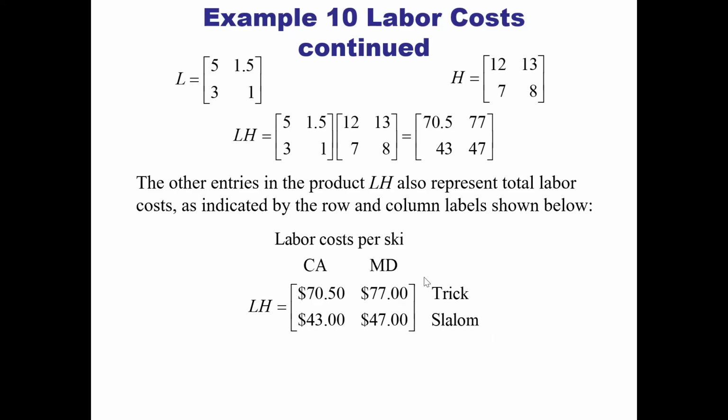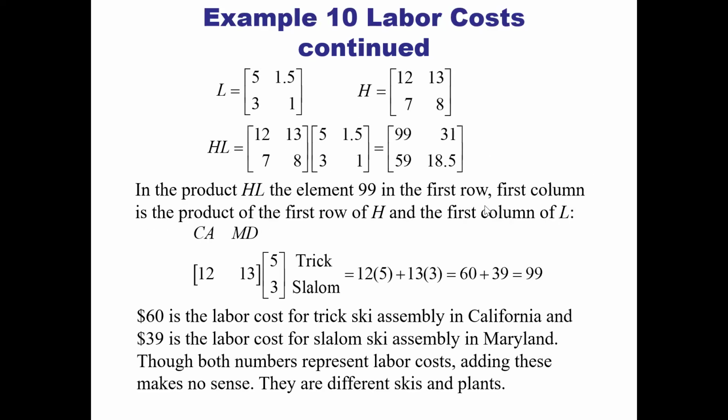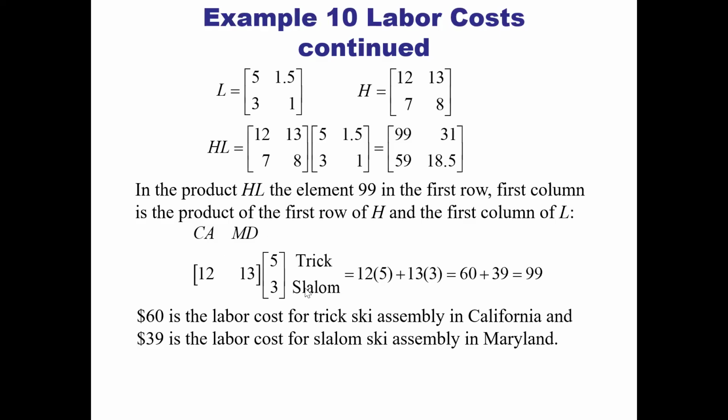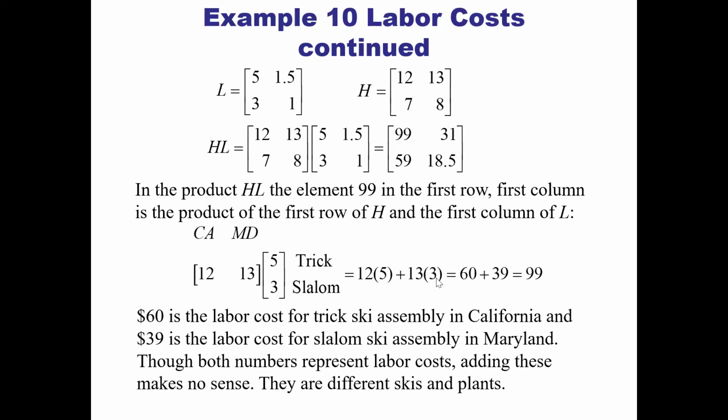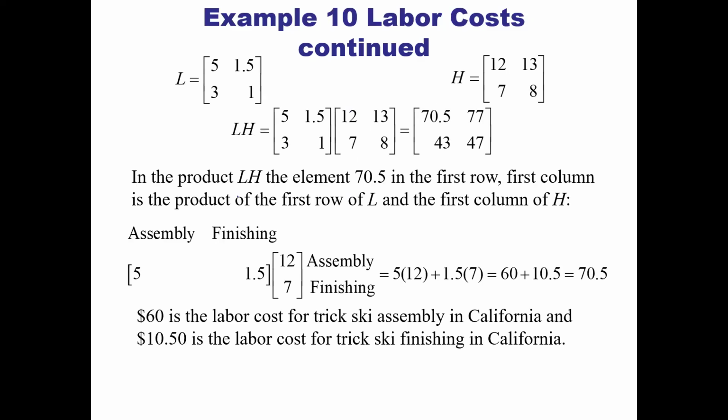So this way makes sense, whereas the HL didn't make sense as far as what the values cost. So you kind of have to sometimes label what you have, like we did over here. We're taking California and then trick and slalom. And so those, different skis, different plants doesn't make sense. And so this one, the value really doesn't do anything for us. But when you take this one, we're taking assembly times assembly and finishing, that number really does help make sense.